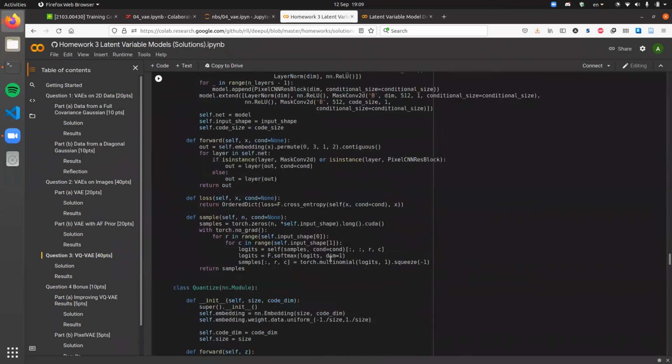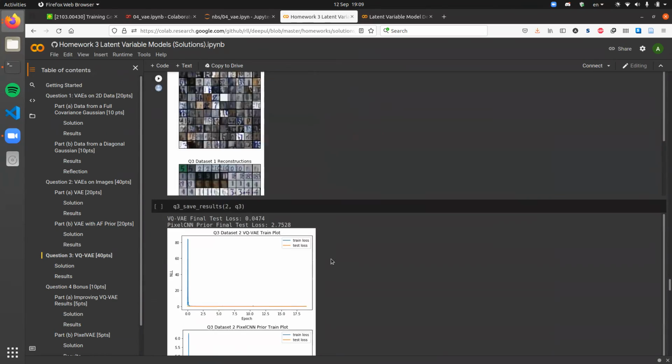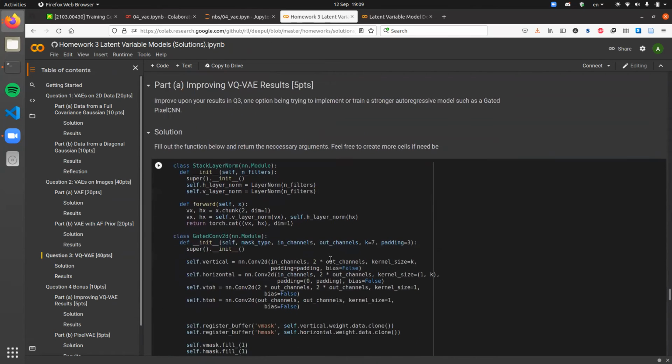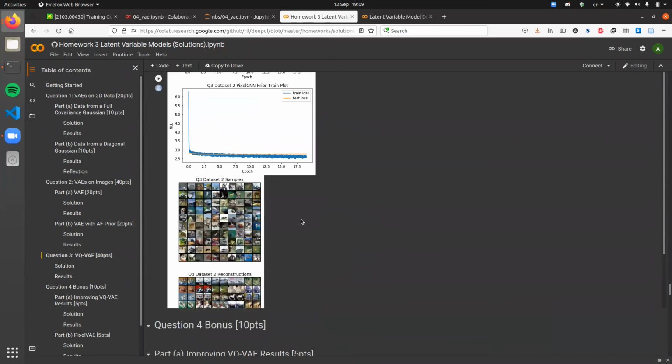So let's move on. Now let's have a look at what they tried here. The quality of samples is determined by the quality of the prior model, right?